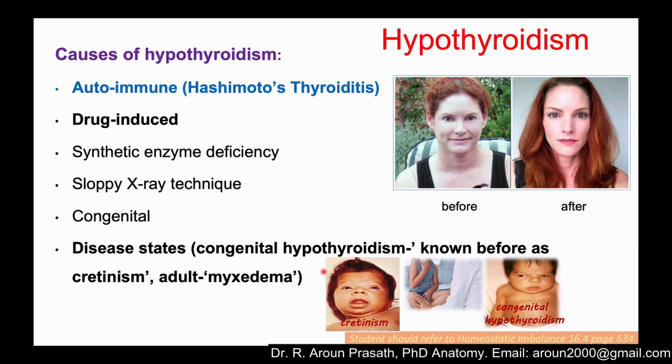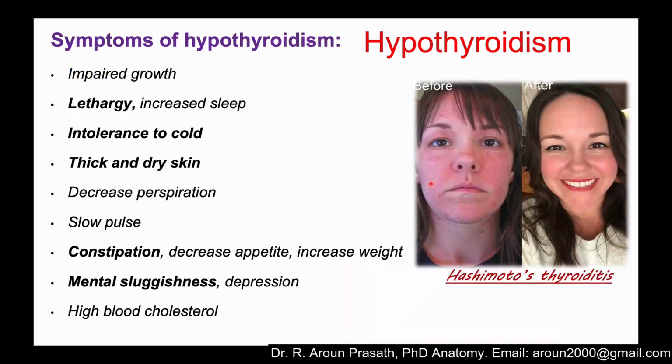In childhood, hypothyroidism is called cretinism, where there is a puffy face and thickness of the tongue. These are the features of hypothyroidism. You can see the puffy face, and the patient's activities also become very less.